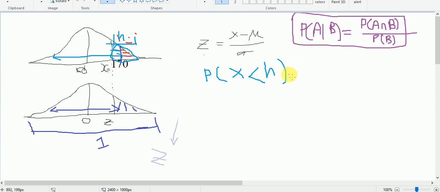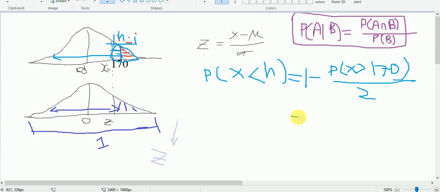The probability of being tall is probability x greater than 170, so half of this will be probability of x greater than 170 by 2.